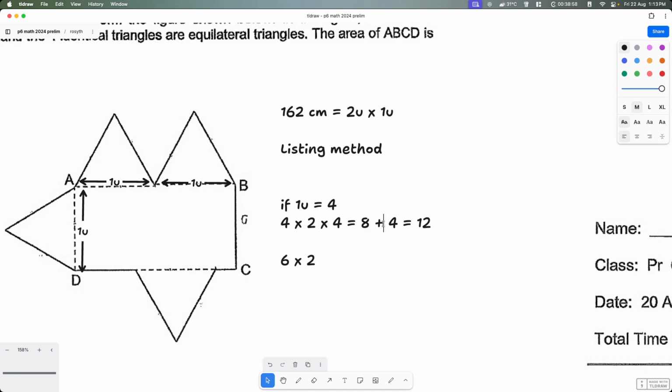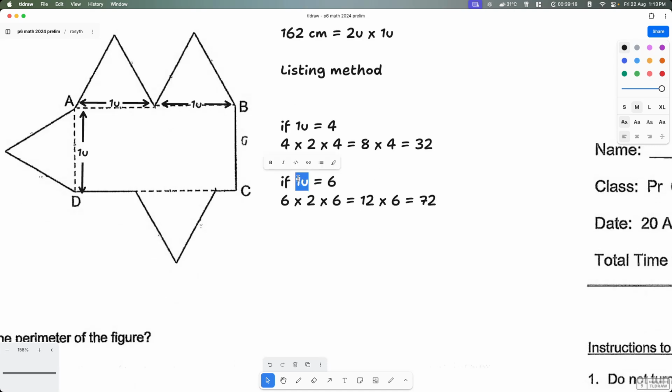So 8 times 4 is 32. Okay, we're close. Let's do, if 1 unit is 6. So 6 times 2 times 6 is equal to 36. 12 times 6 equal to 72.